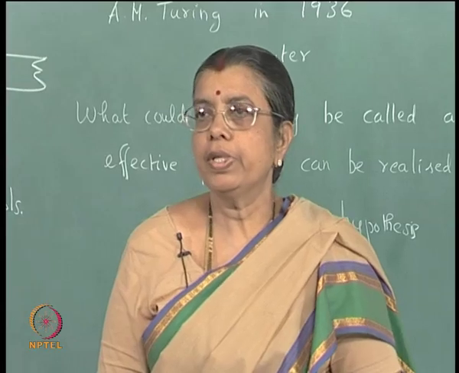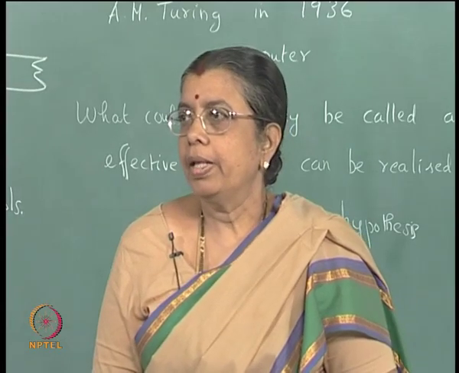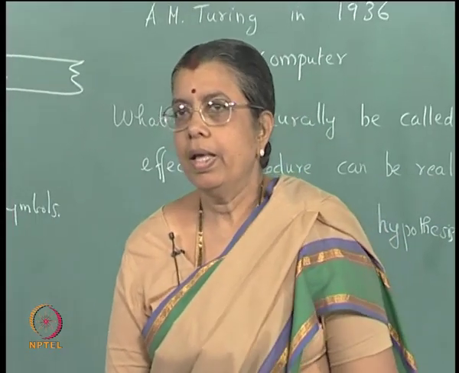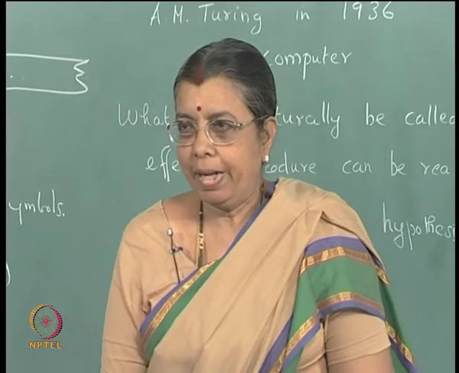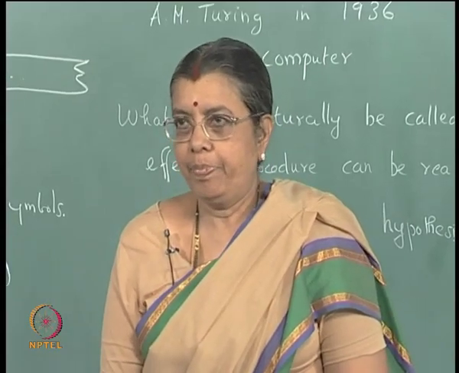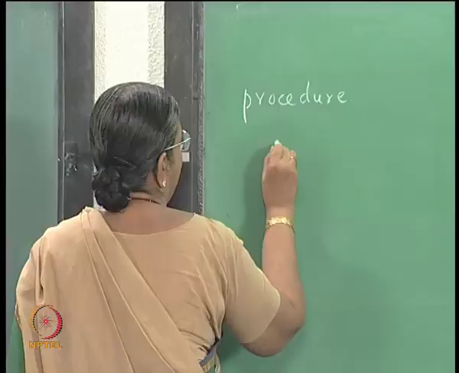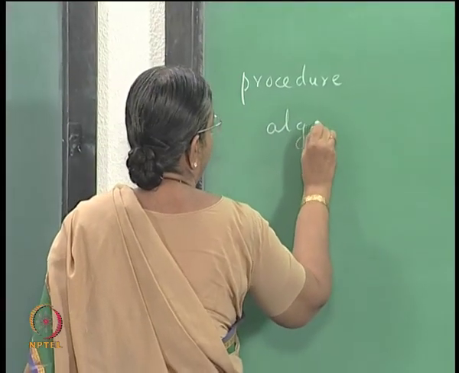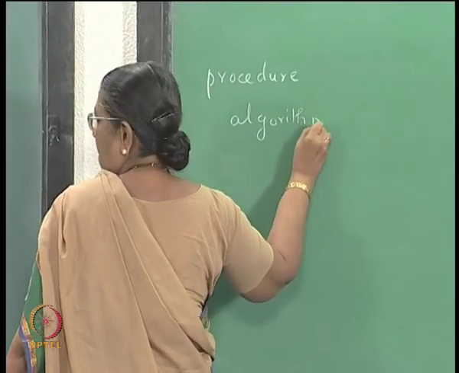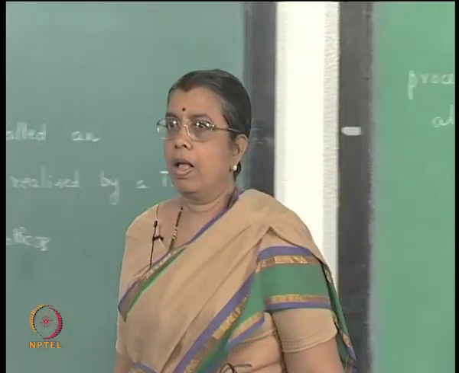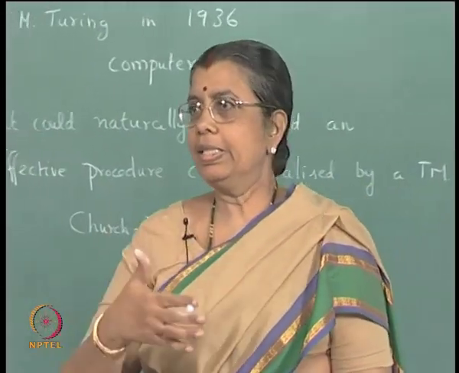Usually the words procedure and algorithm are used with the same meaning, but there is a slight difference between them. What is a procedure and what is an algorithm? Essentially they are programs.